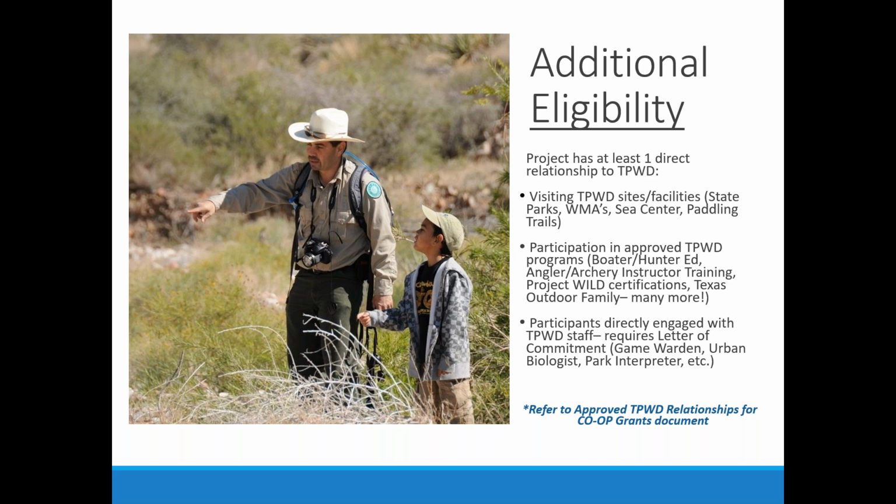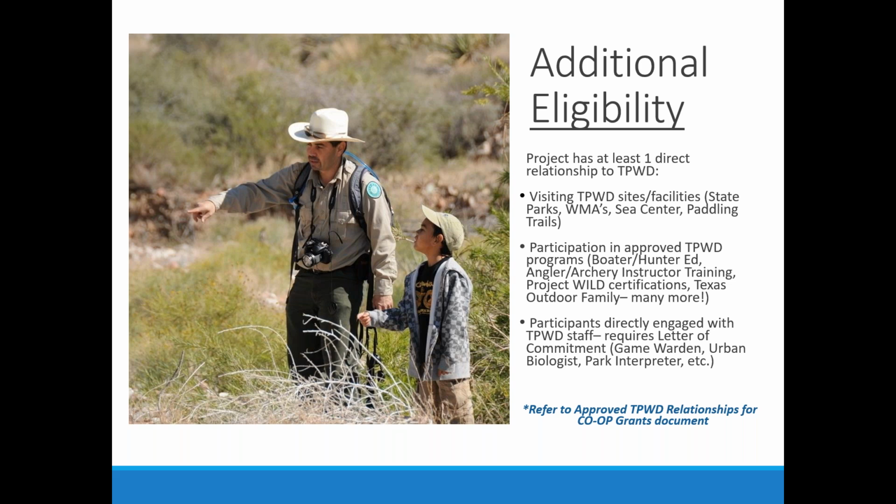The TPWD relationship requirement goes back to the purpose of the co-op grant, which is to connect underserved audiences with TPWD sites, resources, and staff within the 3 priority areas of outdoor recreation, environmental education, and conservation. I will say projects with more in-depth, sustained, or multiple exposures to TPWD sites, resources, and staff tend to be more competitive.